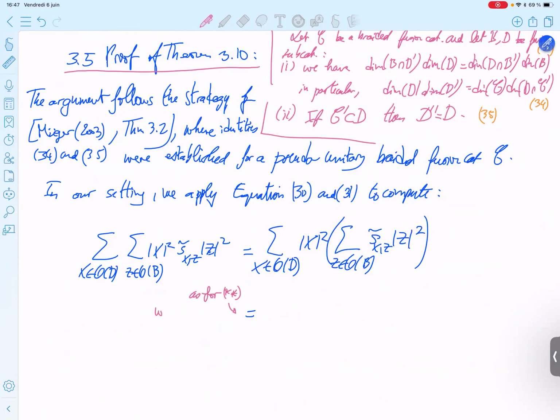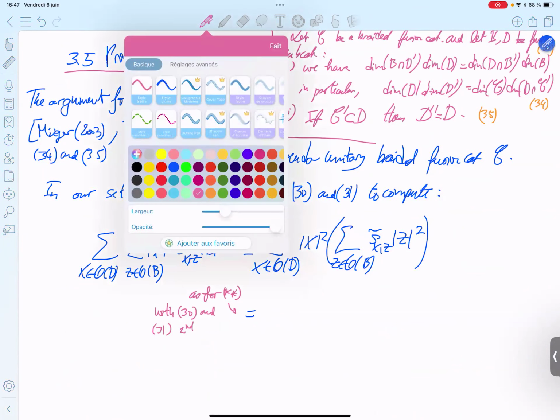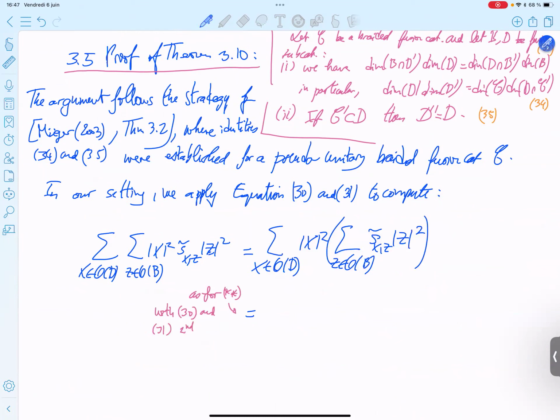So with 30 and 31 second part. So this is equal to what? So we know that for all the elements of D which are not in the centralizer of B, it will be 0.